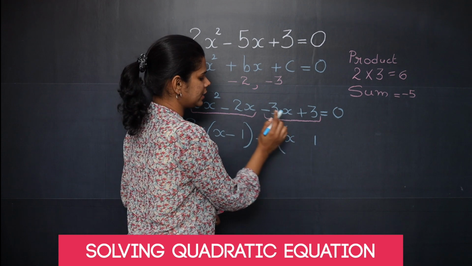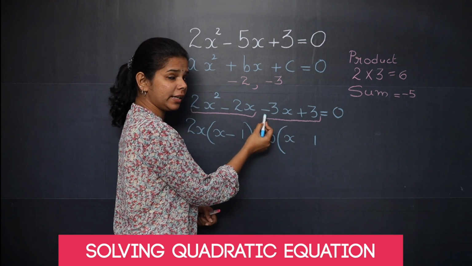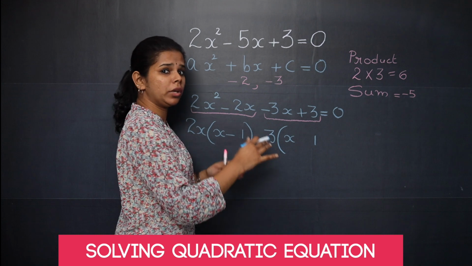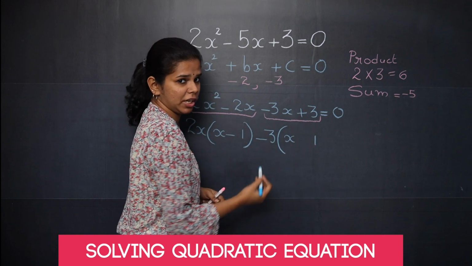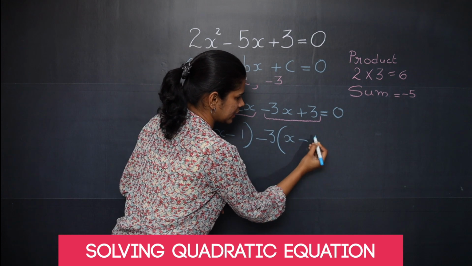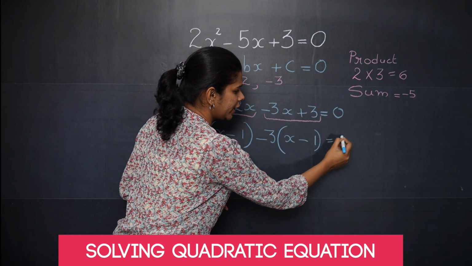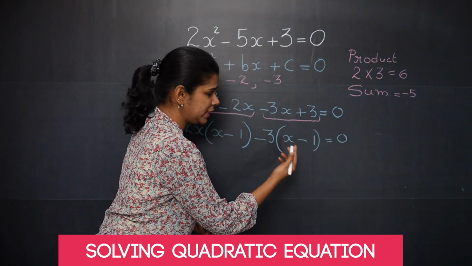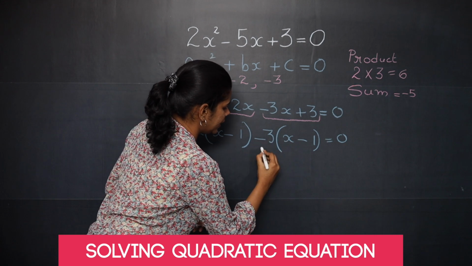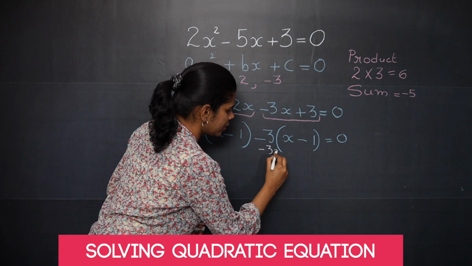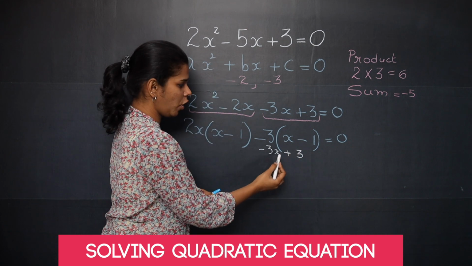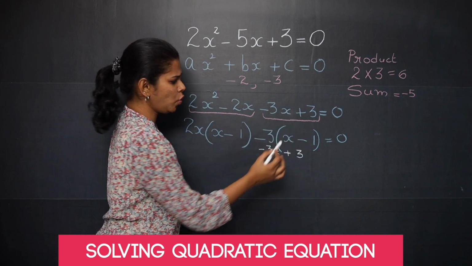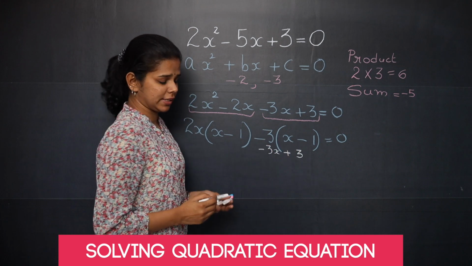And another thing is that when there is a negative sign outside and you keep them inside a bracket, the sign that is inside will be changed. It will be minus. You can just try opening it and see, that is negative 3x plus 3. So you got the same thing. So it is negative inside.